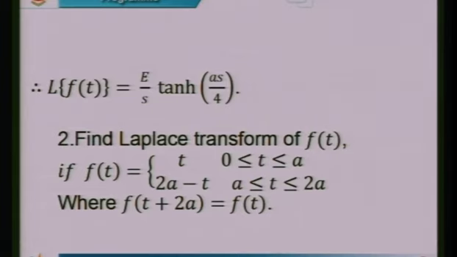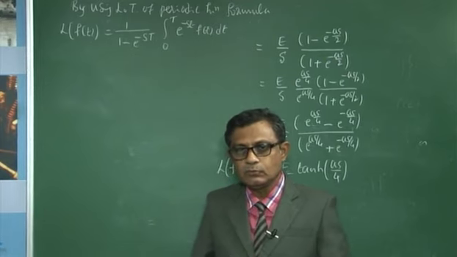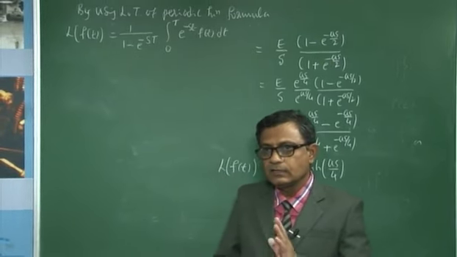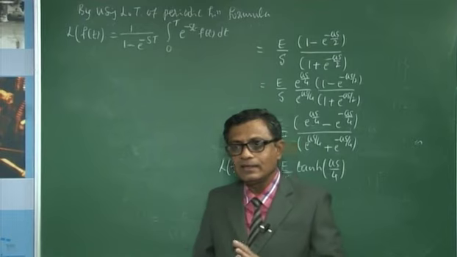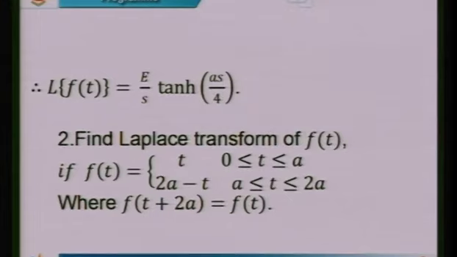Now you have to find the Laplace transform. Here important is where and how to use the formula, which formula to be used. Here it is given clearly f of t plus 2a equal to f of t.